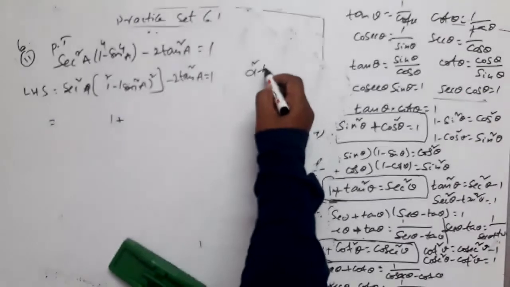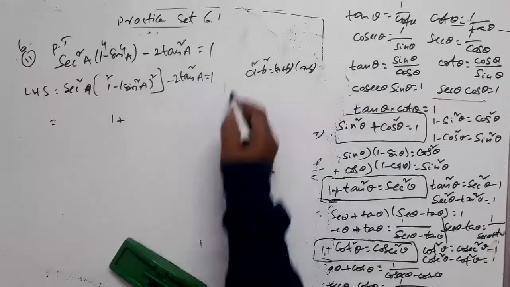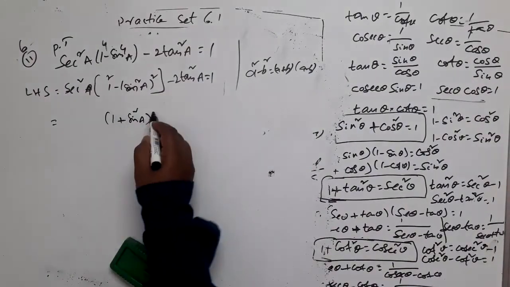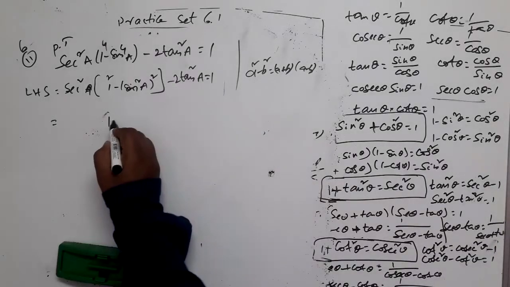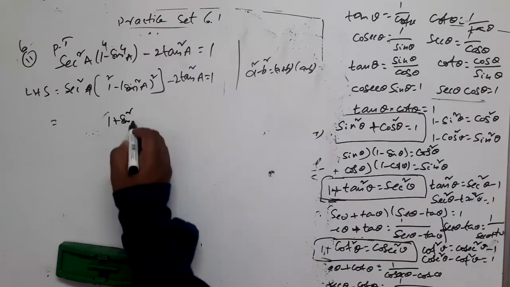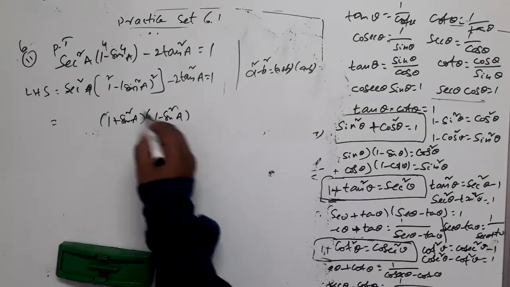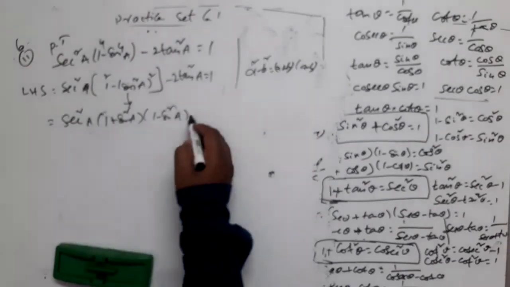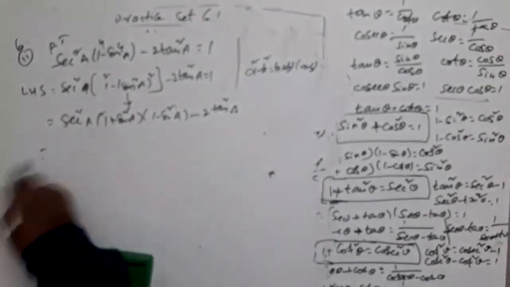A square minus B square is A plus B multiplied by A minus B. Can I write like this? Yes. So 1 plus sin square A multiplied by 1 minus sin square A, multiplied by secant square A, I am leaving it as it is. This term also I am leaving as it is.